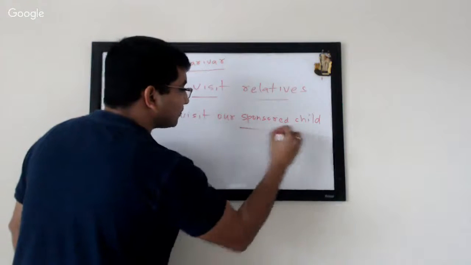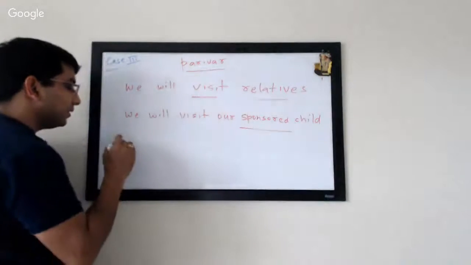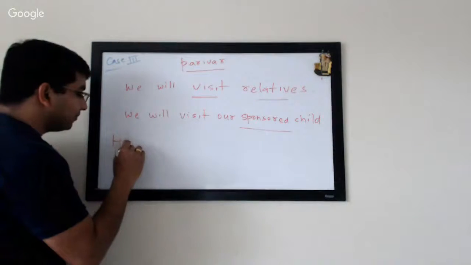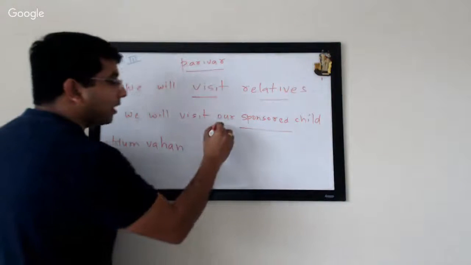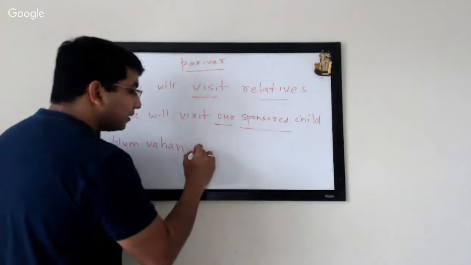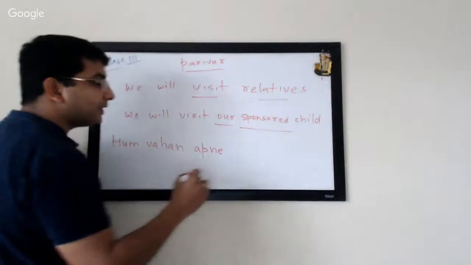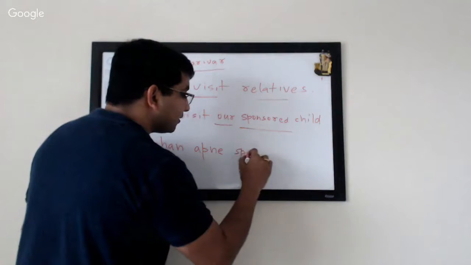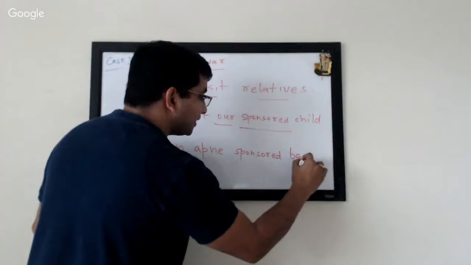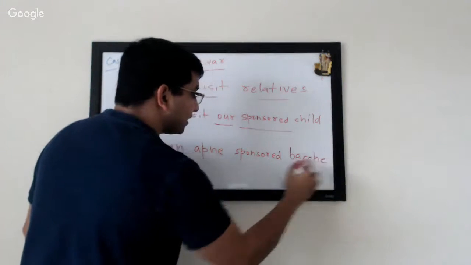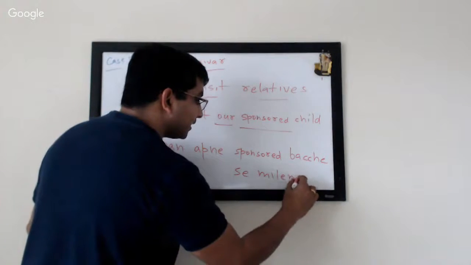To keep it simple, I'm just going to simply say sponsored. Okay, हम वहाँ, because you use our, you'll say अपने. हम वहाँ अपने sponsored बच्चे से मिलेंगे.